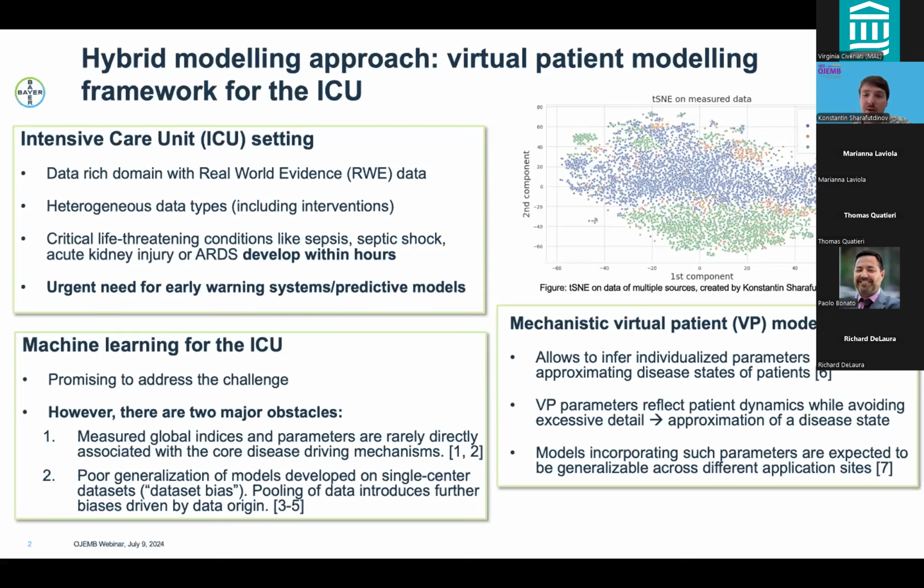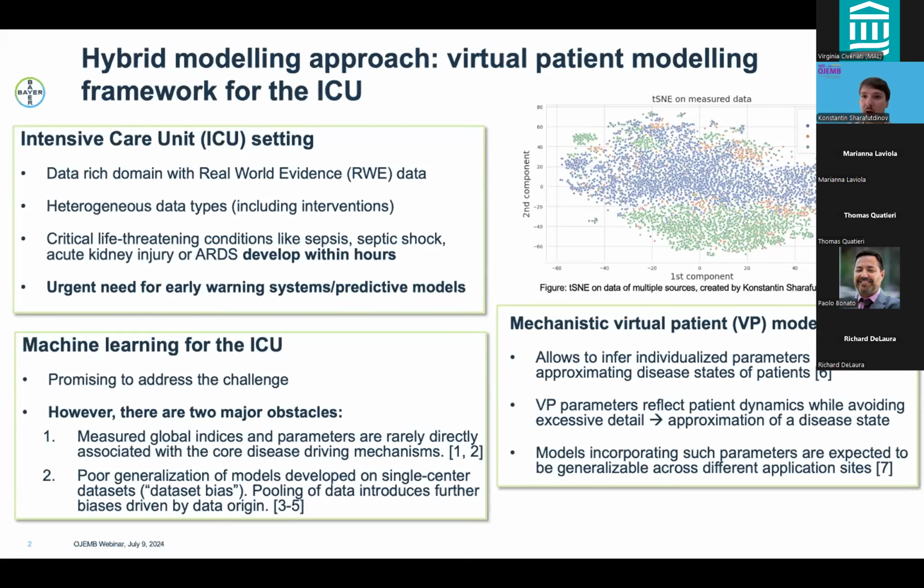And also different populations of patients are admitted to ICUs in different types of hospitals. So there are different types of biases present in different datasets. These two problems together result in actual limitations of such models when we try to predict critical states and apply them later. Usually these models are quite useless.